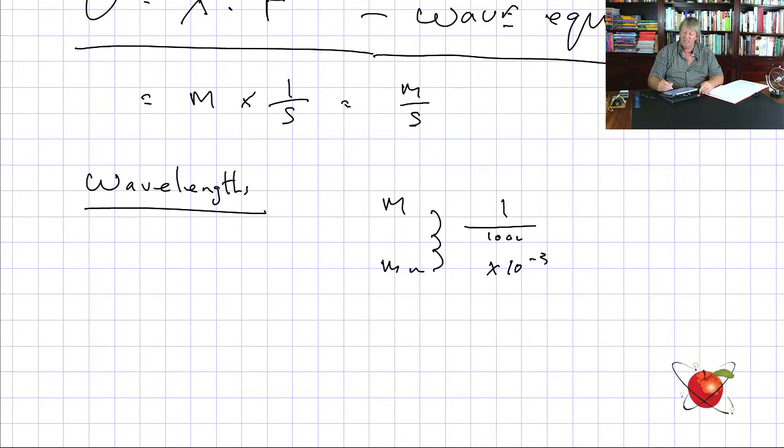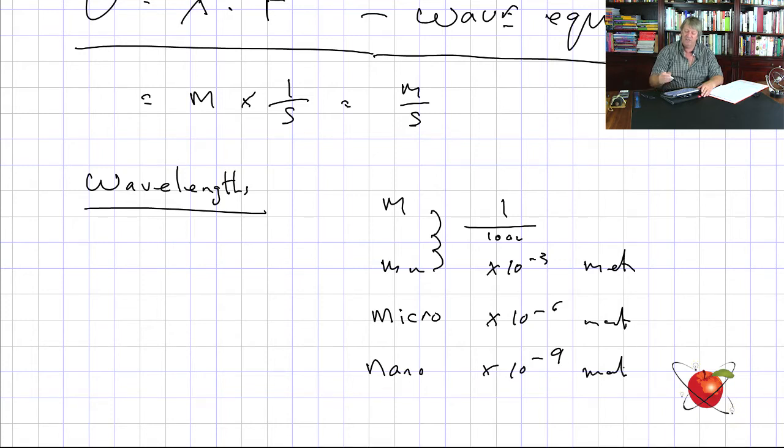So a millimeter is 10 to the minus 3 meters. Okay. The next level down is going to be micro, which is times 10 to the minus 6 meters. The next one is nanometer, which is 10 to the minus 9 meters, right?